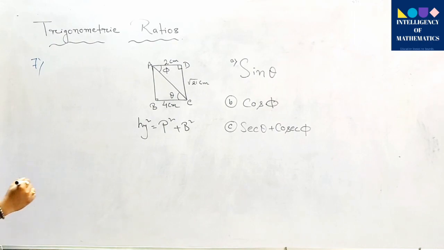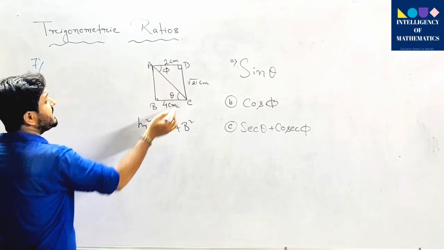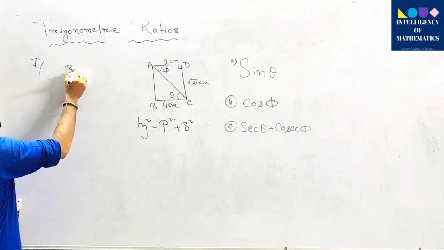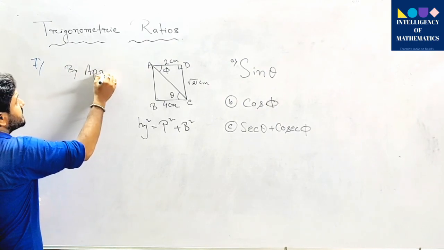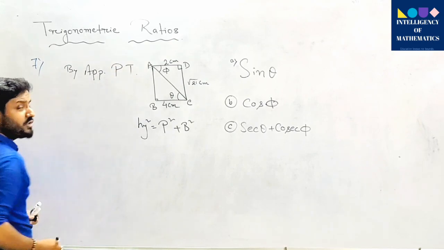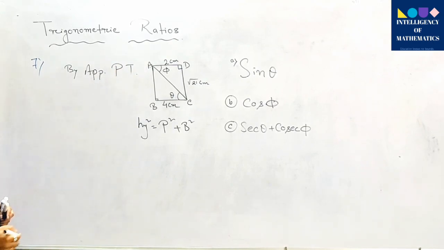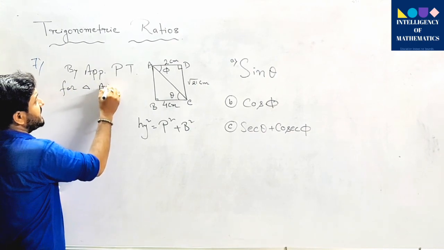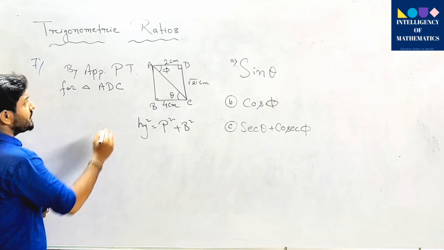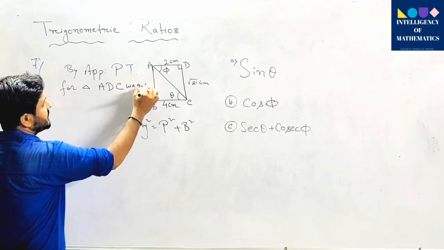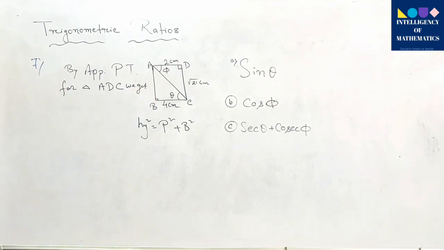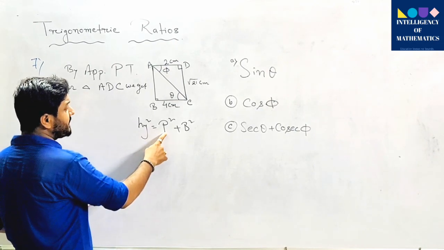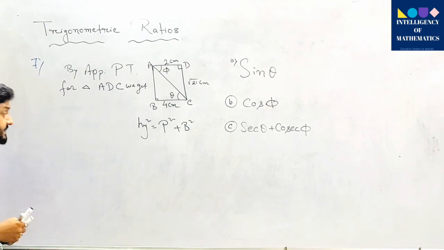At first, we will apply Pythagoras for the triangle ADC. So we will write, by applying Pythagoras theorem, in short form, for triangle ADC, we get: the theorem says that hypotenuse square is equal to perpendicular square plus base square.